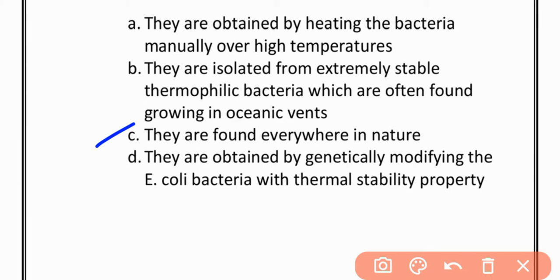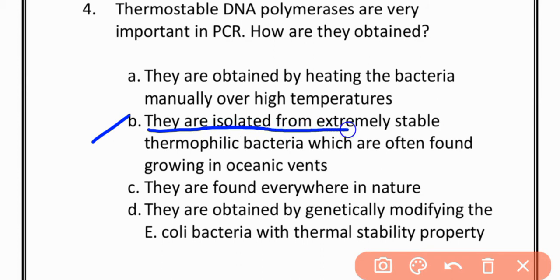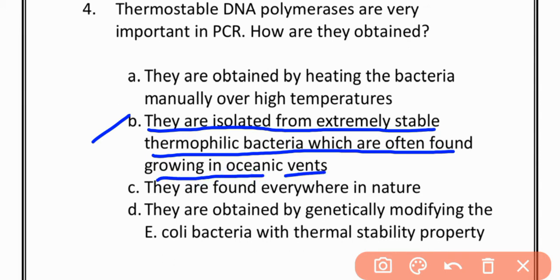Option 3, they are found everywhere in nature. Option 4, they are obtained by genetically modifying E. coli bacteria with a thermal stability property. The correct option is option B. They are isolated from extremely stable thermophilic bacteria which are often found growing in ocean vents.